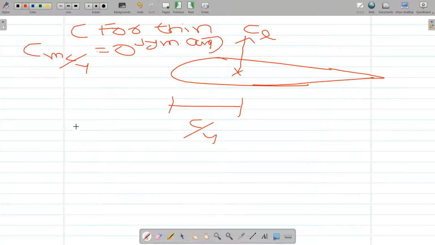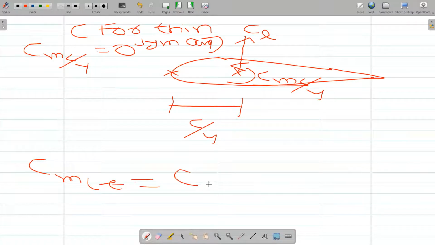All right. Now with this idea, I'm going to transfer all these moments to my leading edge. So the moment about the leading edge would be nothing but the moment at my quarter chord, and then when I transfer my CL over here, it introduces a moment again in the anti-clockwise direction.